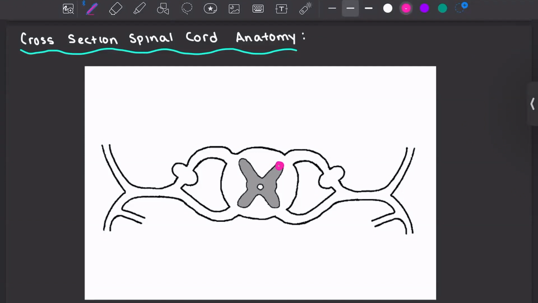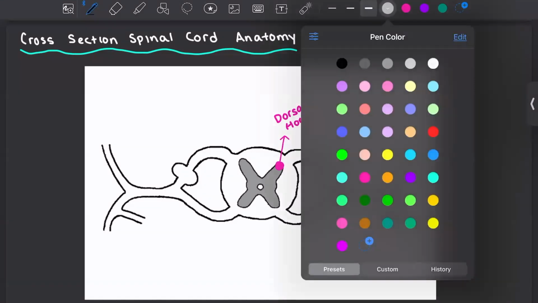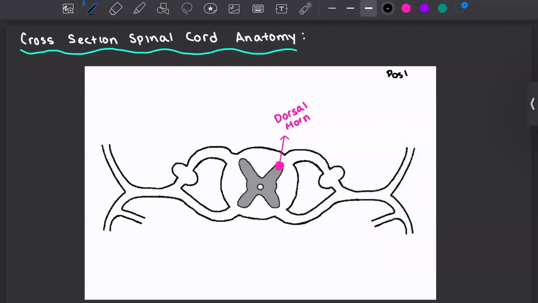So right now I'm drawing this pink dot right here, and this is going to be the dorsal horn. All right, so dorsal horn. And if you're not familiar, dorsal means back. So this is going to be the posterior side. I'll just write that here, posterior, anterior. Just so we are all on the same page in terms of direction.